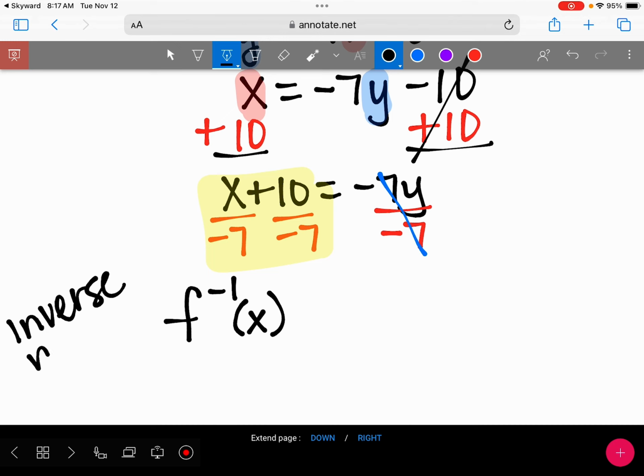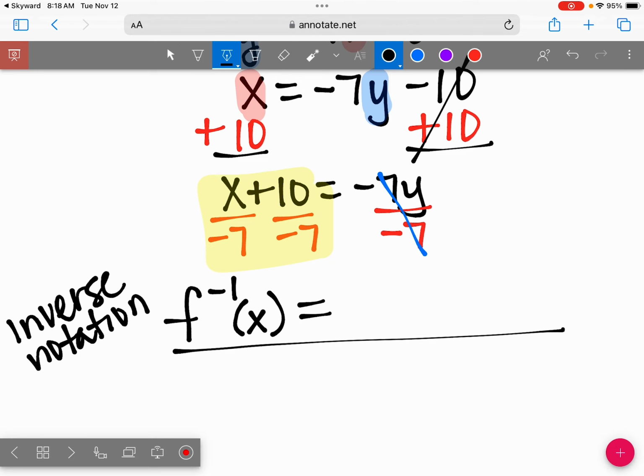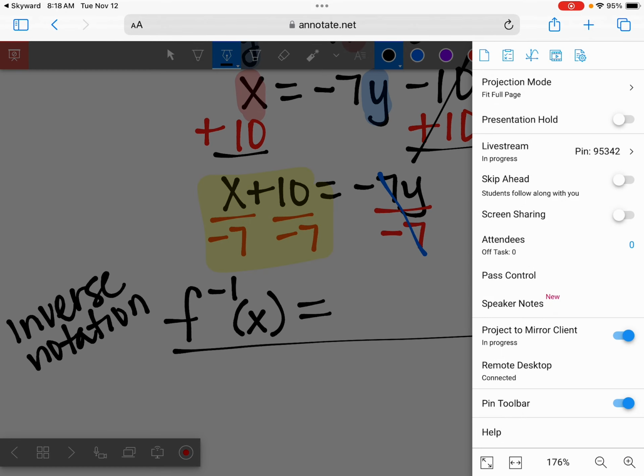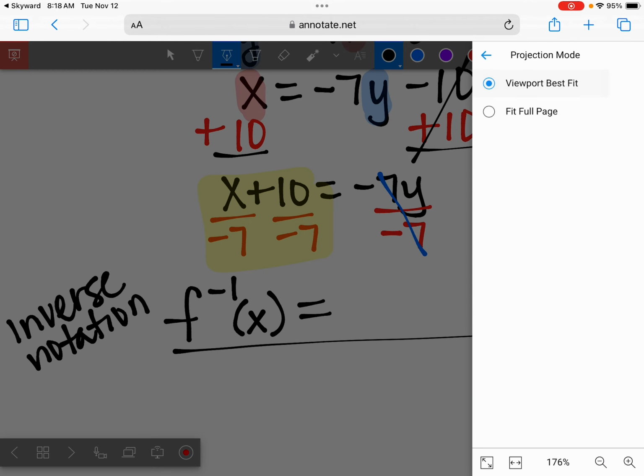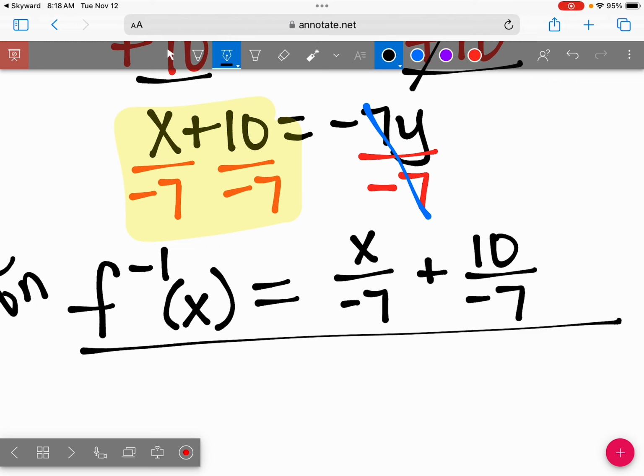So now I'm writing it on the line that I had to erase. So f negative 1 of x equals, and I'm just going to write what you see in that yellow box. So it'll be x over negative 7 plus 10 over negative 7. And that is your inverse function.